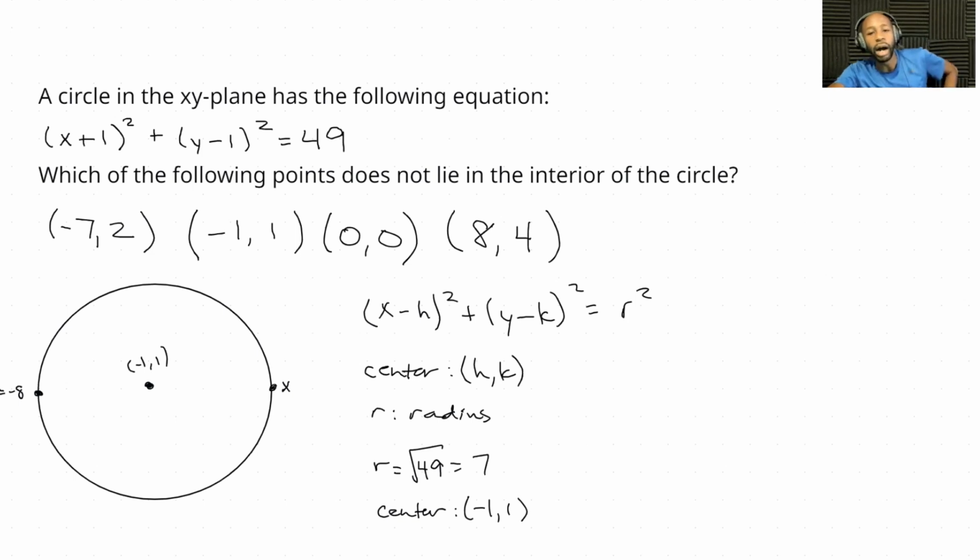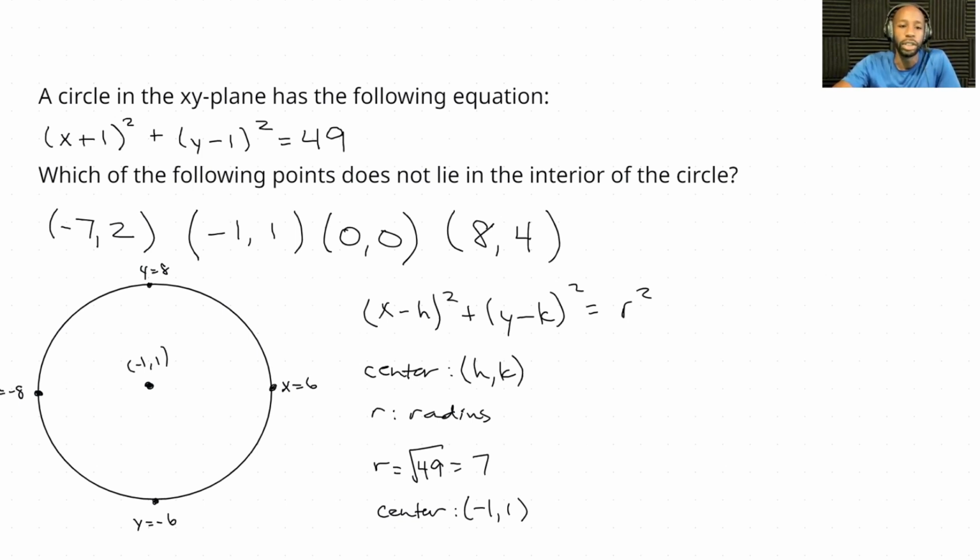Now also, the highest y value is 1 plus 7, which is y equals 8. And then the lowest y value is 1 minus 7, which is y equals negative 6 here. All right, good. Now let us evaluate these points.